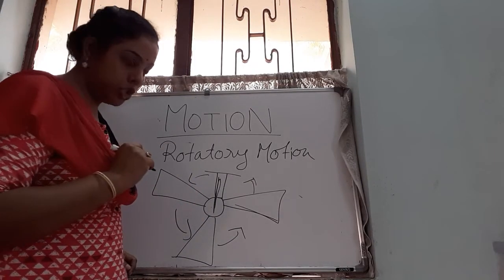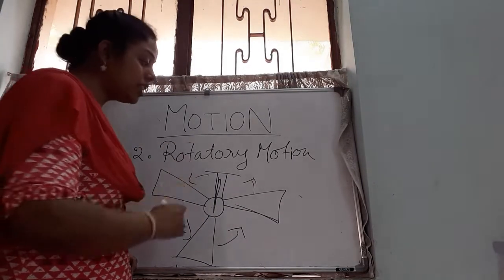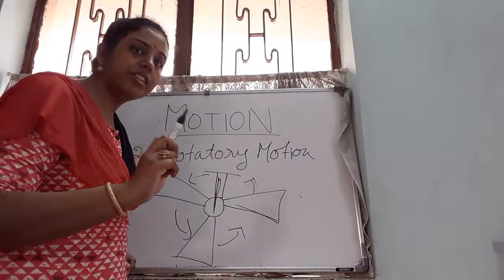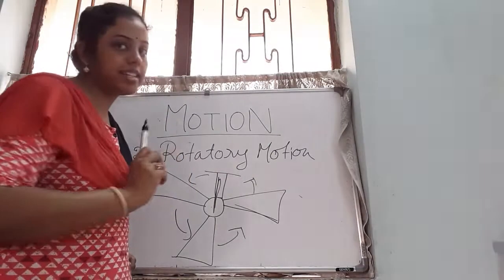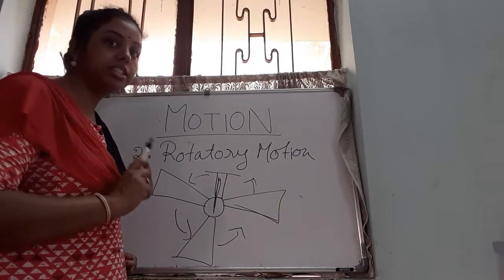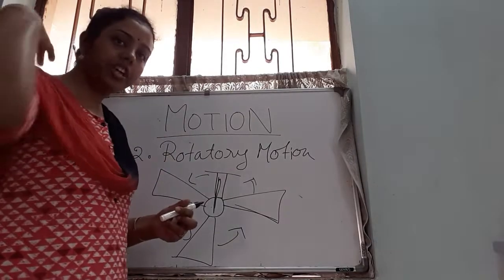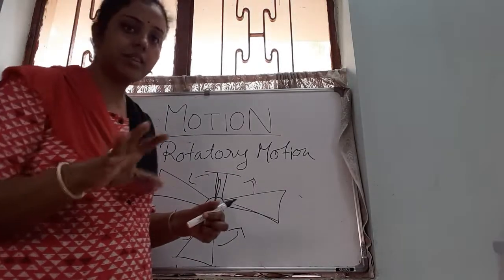And in rotatory motion, each part of the object does not travel the same distance at the same time, unlike translatory motion. In translatory motion, every part of the object travels the same path at the same time.